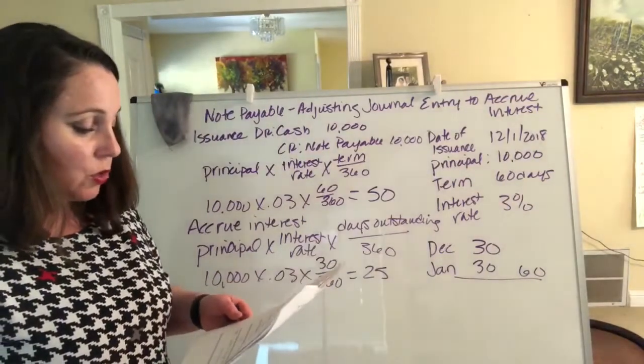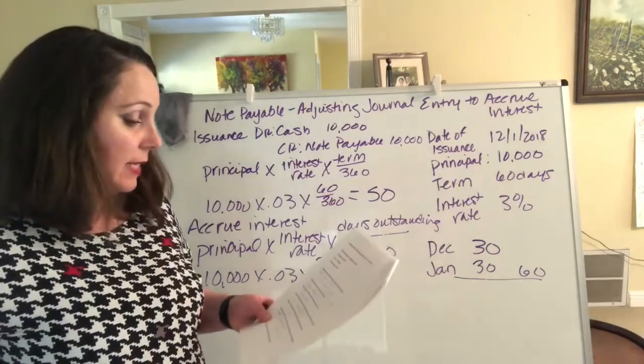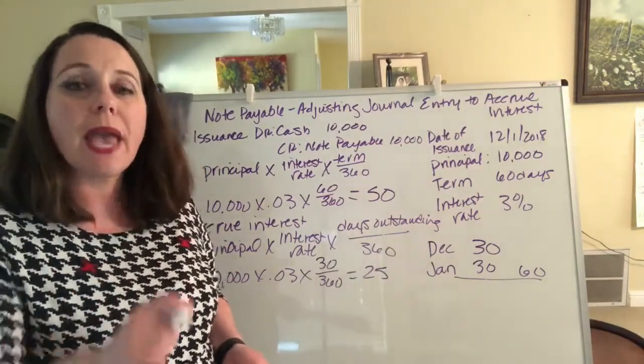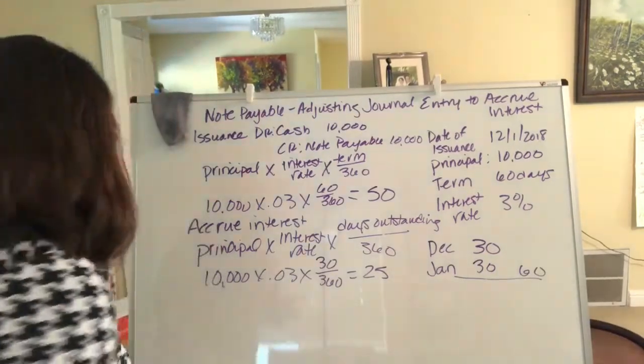Okay, so our AJE at 12/31/2018 is going to be a debit to interest expense and a credit to interest payable for the 2018 interest.